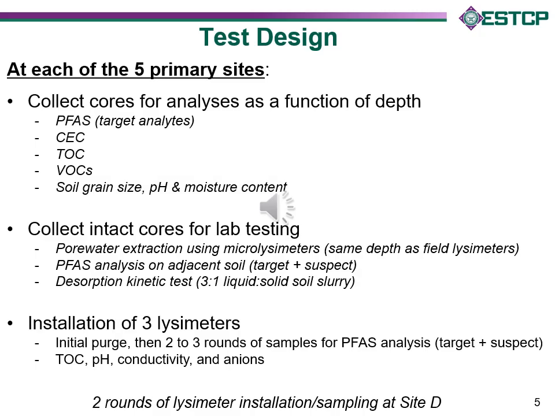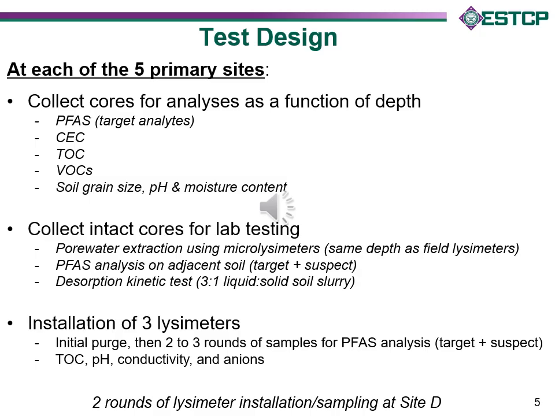Also, for one depth location, essentially the same as the depth of the lysimeter, we did a more thorough PFAS analysis looking at both target and suspect analytes. We also did a desorption kinetic test in a soil slurry with about a 3-to-1 liquid to solid ratio.